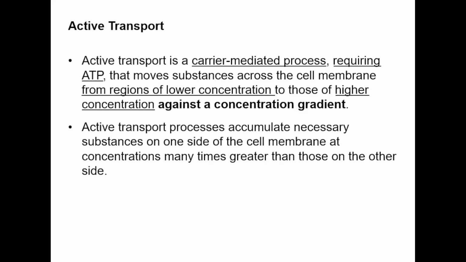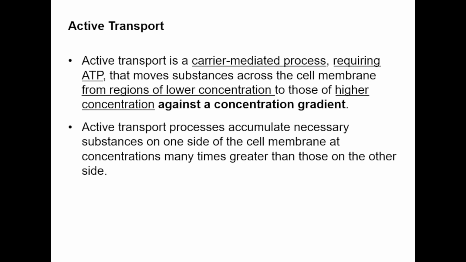All right. Next, we have active transport. Active transport is still under the carrier-mediated process. This is the third. What's special about active transport is that it requires ATP. And look at this, the movement of substances is from areas of lower concentration to areas of higher concentration.